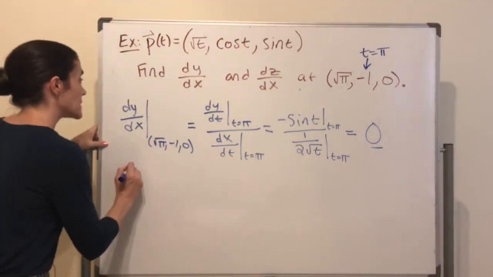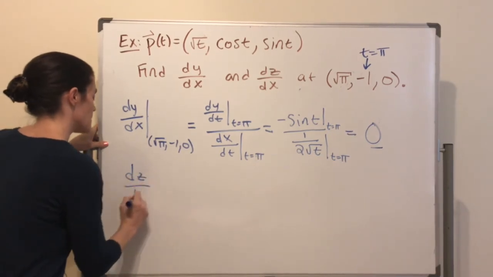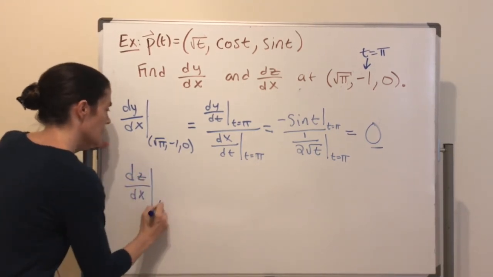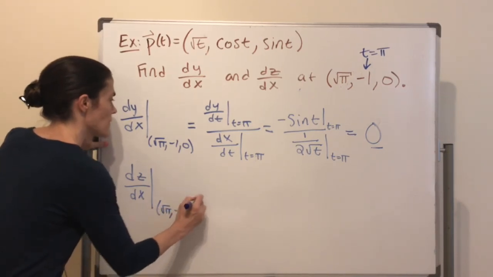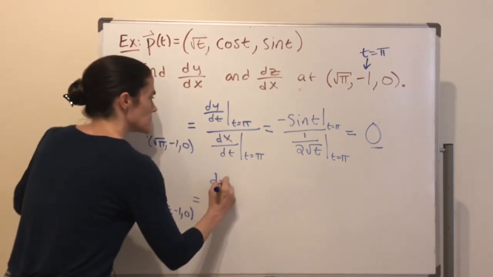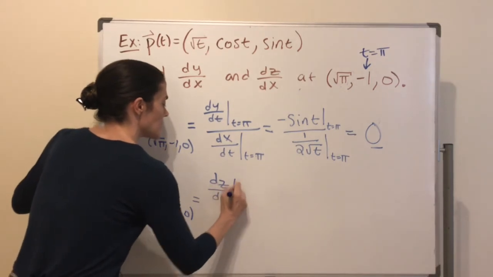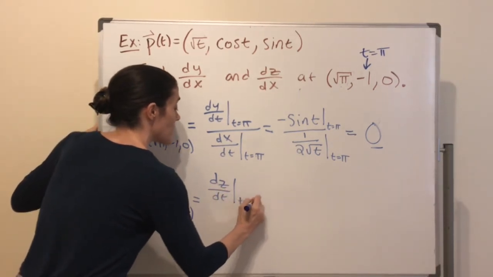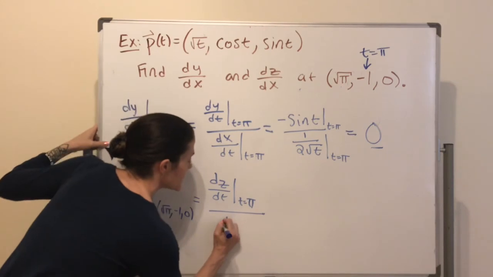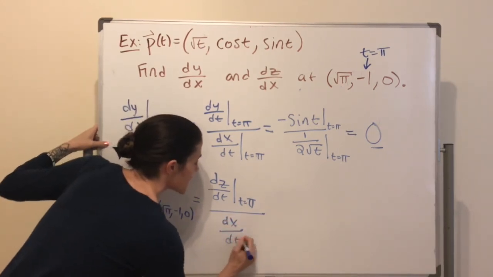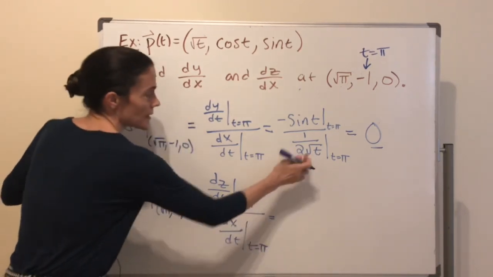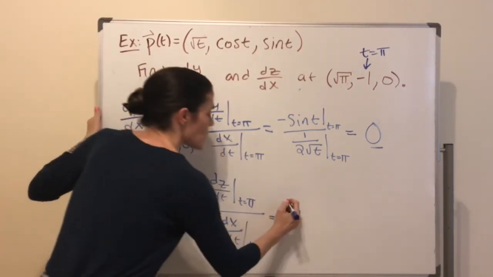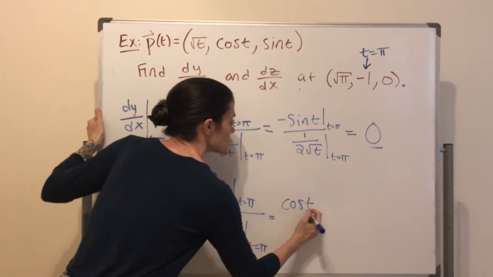And then finally, dz/dx, again, at this point, square root pi, negative 1, 0. This is dz/dt at t equals pi, divided by dx/dt at t equals pi. Here, first of all, the derivative of sine is cosine.